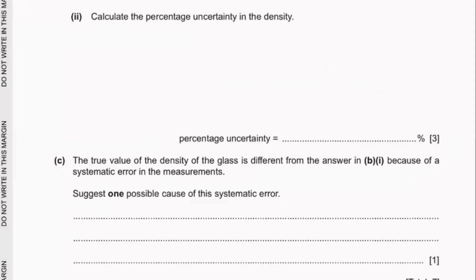As I already told you, the absolute uncertainties are given over here. That means in the later part, there will be a separate section for uncertainty as well. So the question is demanding the percentage uncertainty in the density. For the percentage uncertainty, we first have to calculate the fractional uncertainty of density.